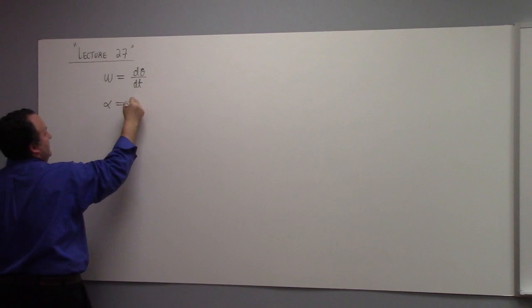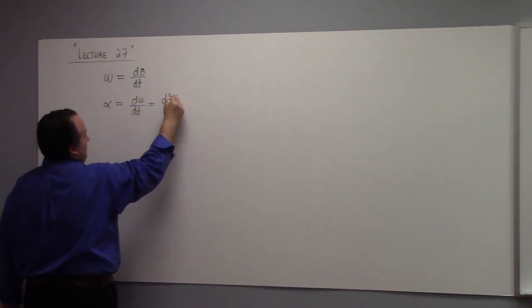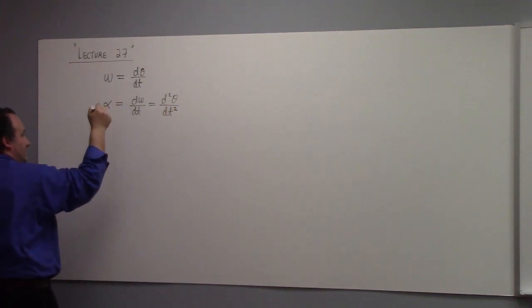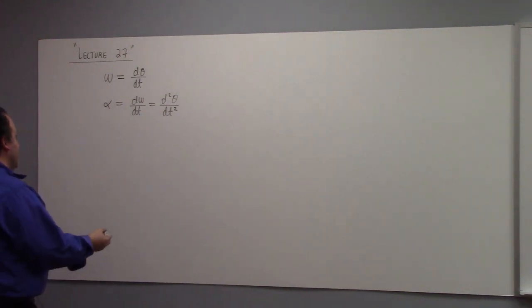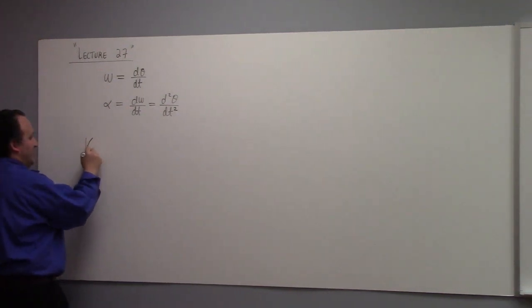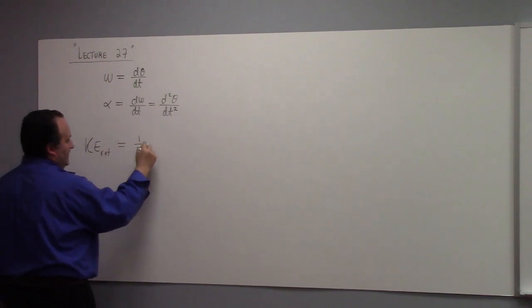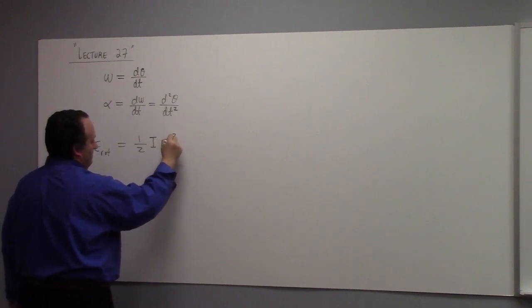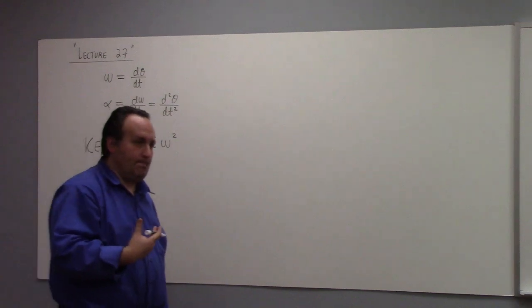Alpha is d omega dt, which is d squared theta dt squared, right? So we have angular velocity, angular acceleration, right? And I've also explained to you a little bit that the rotational kinetic energy is equal to one half the moment of inertia times omega squared.